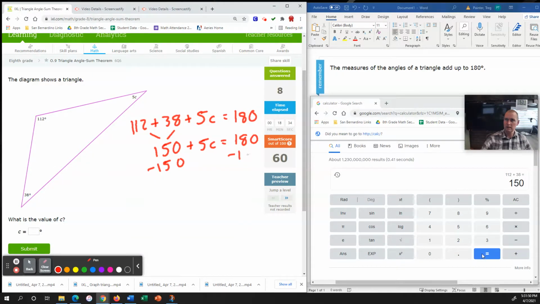Minus 150 minus 150. 150s are out. 5C equals 180 minus 150, which is going to be 30. And 30 divided by 5 on both sides is going to be a nice number of 6. And therefore C is 6.